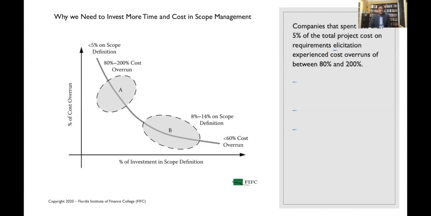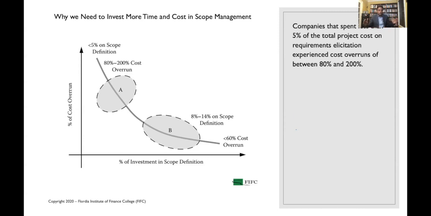Now, there's a room where you may say that between 10 to 15% of your time and energy should be spent on collecting requirements. Comparing with that, companies that spend less than 5% of the total project cost on requirement elicitation will experience cost overrun of between 80 to 200%.